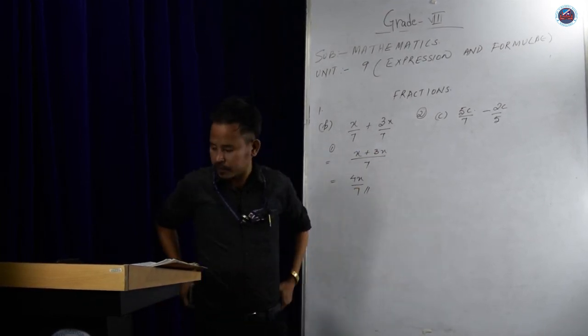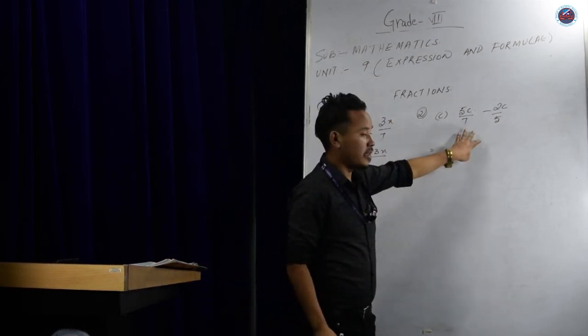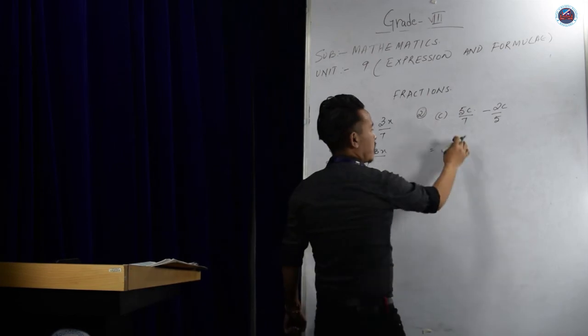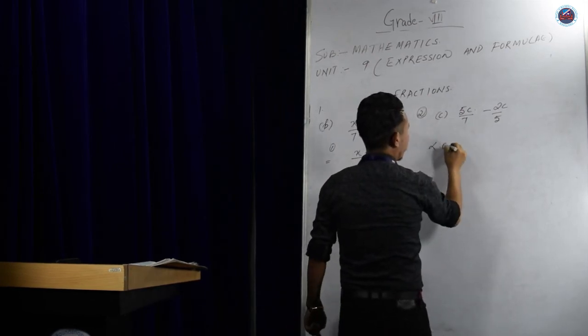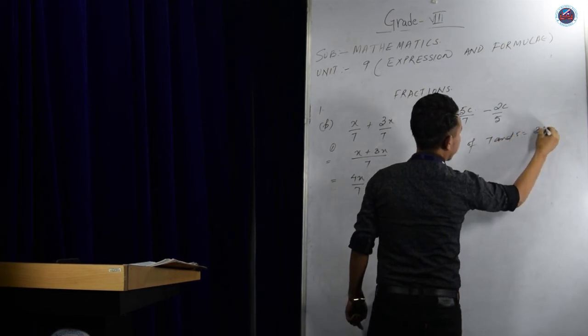So what I can do here is, usually we find the LCM of 7 and 5, that is 35. Right.